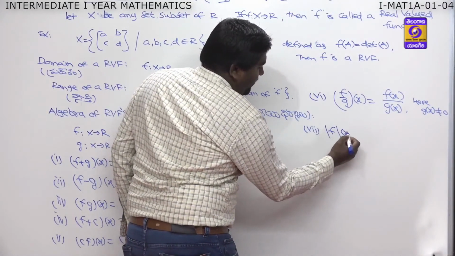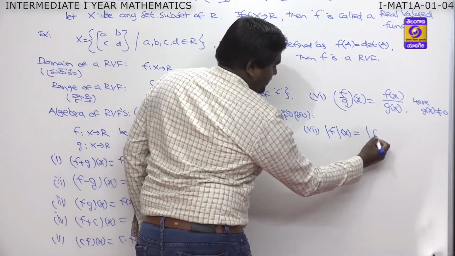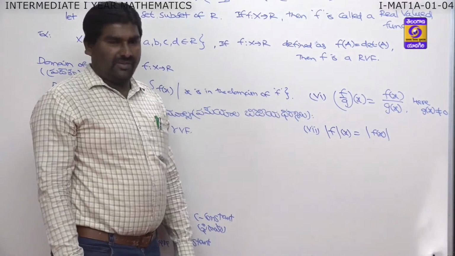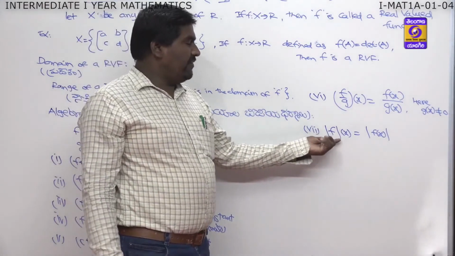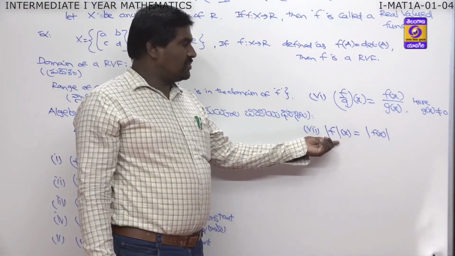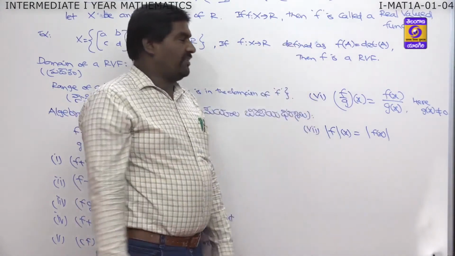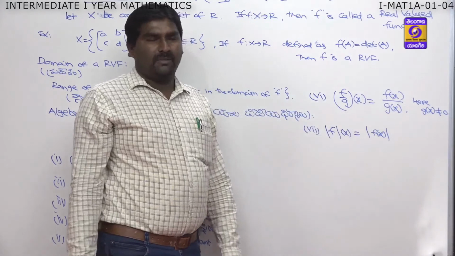Modulus value of f of x is the modulus value of the function f of x. ఏదైనా ప్రమేయము f యొక్క పరమ మూల్యము తీసుకున్నట్లయితే మాడ్యులస్ వాల్యూ ఆఫ్ x అనేది ఇచ్చినటువంటి ప్రమేయం f of x యొక్క పరమ మూల్యానికి సమానము అవుతుంది.